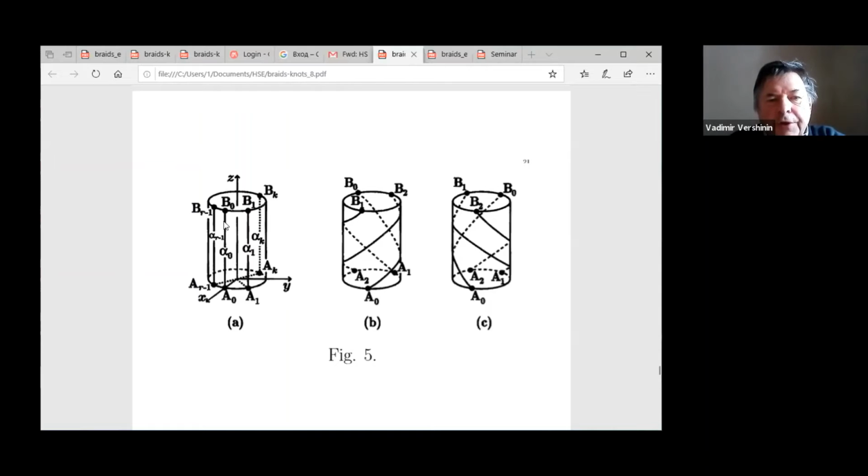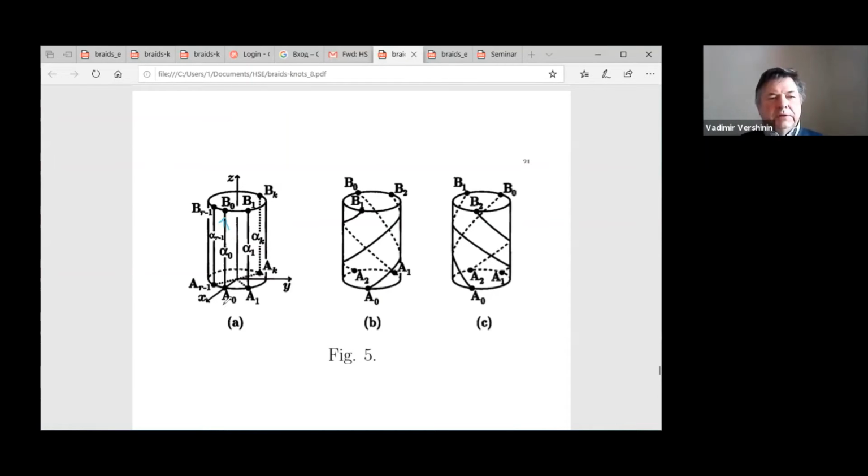But if you want to have an oriented object, right? So you should put orientation at each arc, and then you'll get an oriented knot.